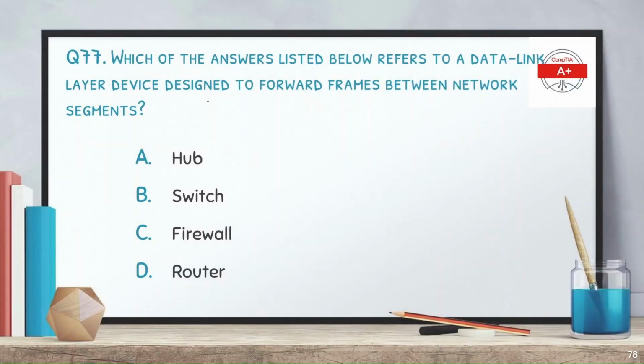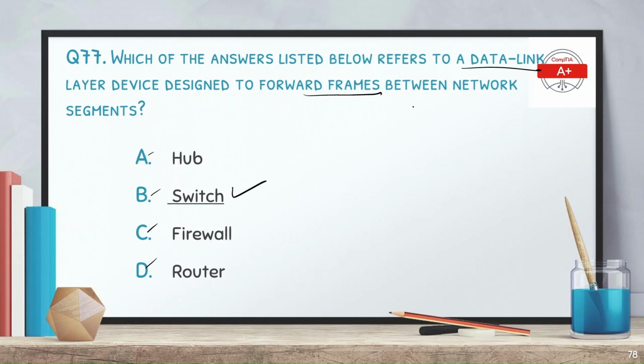Question number 77 is that which of the answers listed below refers to a data link layer device designed to forward frames between network segments? The options are A, hub; B, switch; C, firewall; and D, router. And the correct option is the switch.